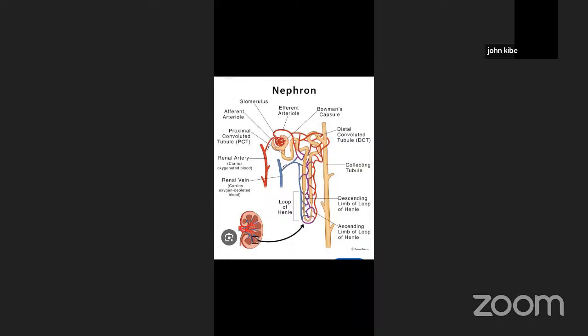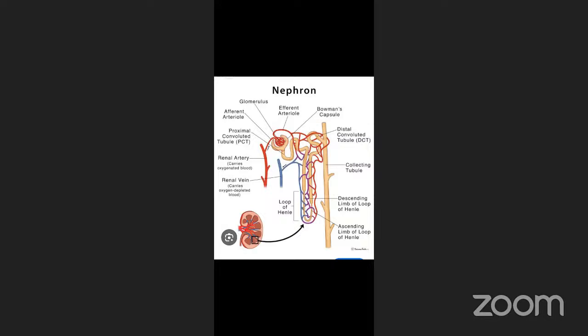The afferent arteriole branches into smaller blood vessels, which are the capillaries.